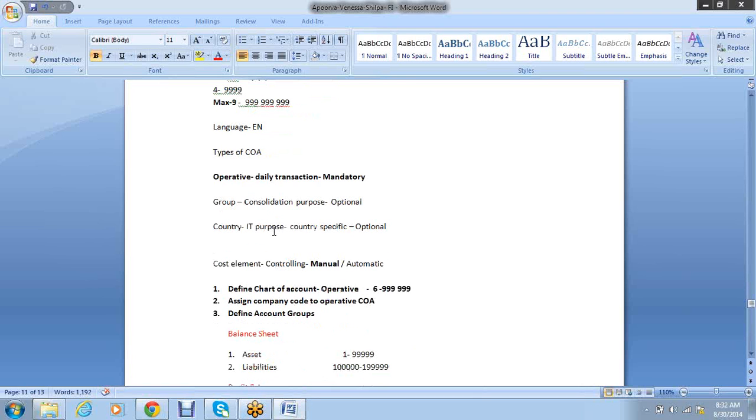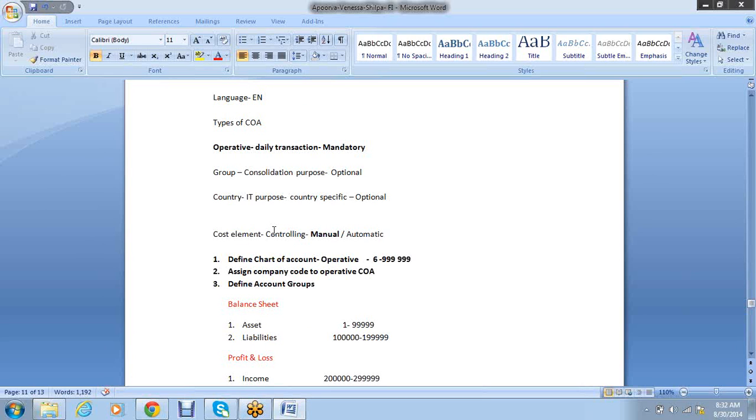So we define the chart of account, then assign our company code to the chart of account, because the chart of account is maintained at your client level. Then we define the account group. This account group has two important features. First, it segregates the GL accounts into their respective account groups. Second, it manages the fields of GL.